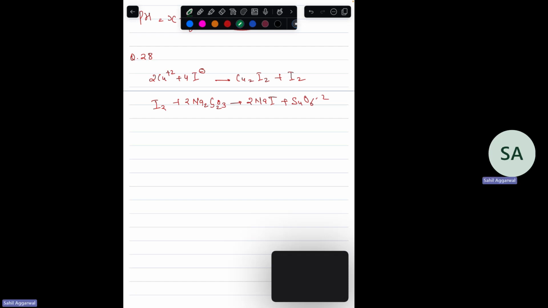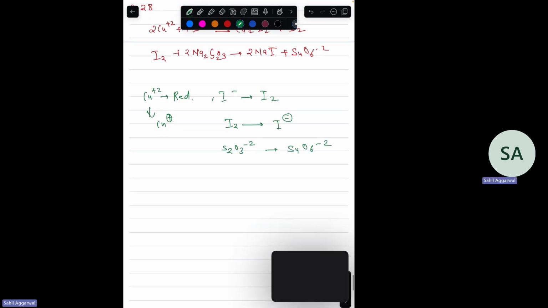We know that here first Cu2 plus is getting reduced and I minus is getting oxidized. It is becoming I2 and it is becoming Cu plus. The same I2 is again getting reduced to I minus and oxidizing thiosulfate ion to S4O6 2 minus.